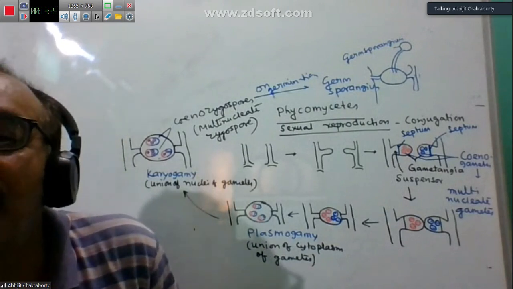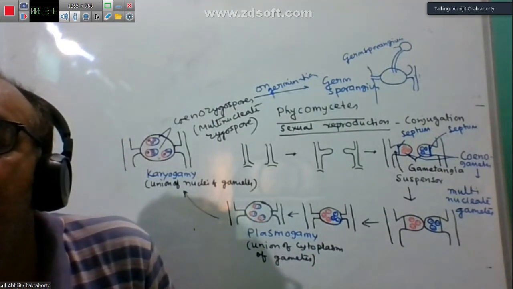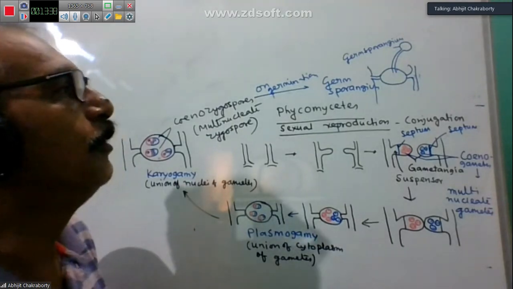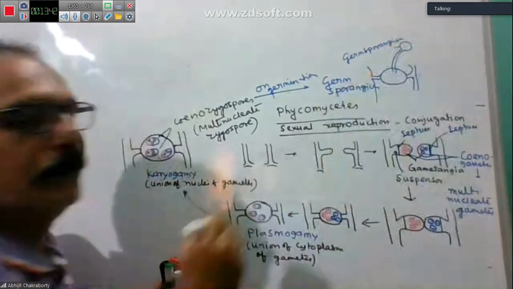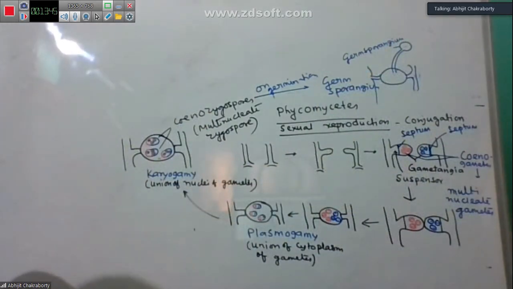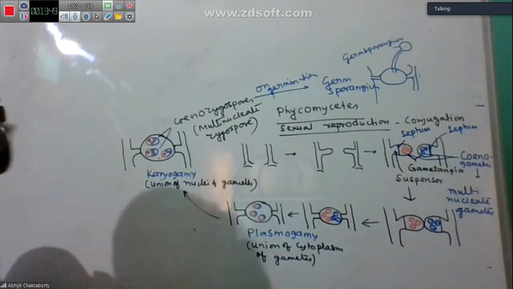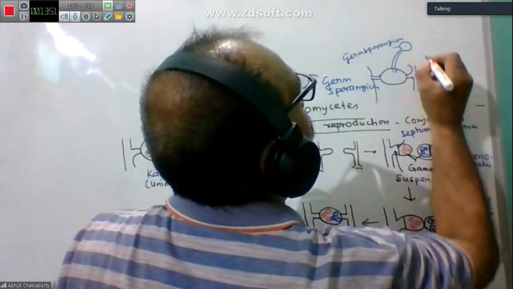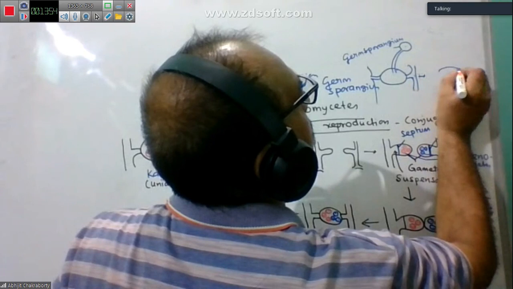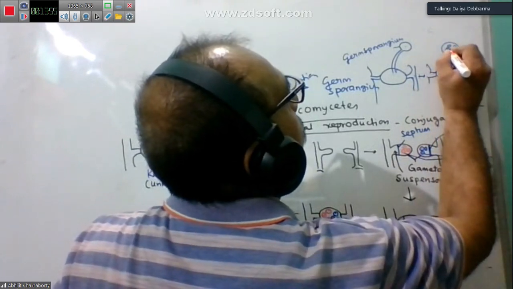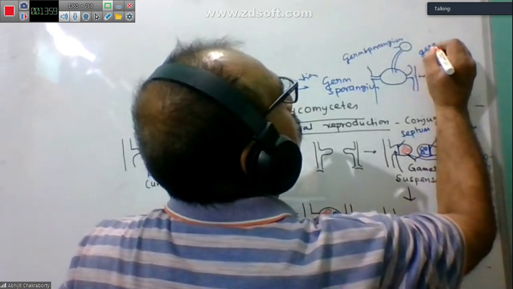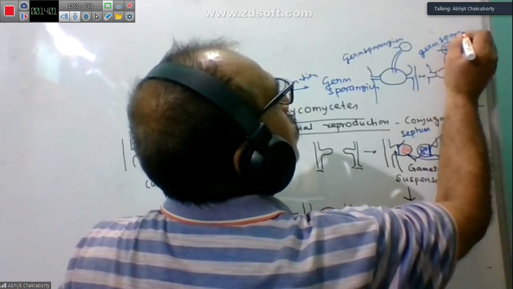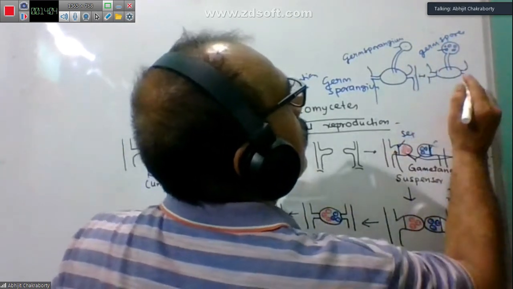And inside the germ sporangium, meiosis occurs to produce the germ spores.